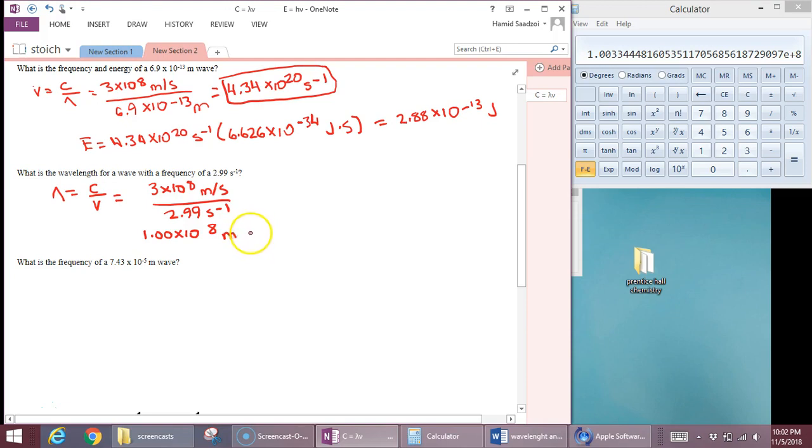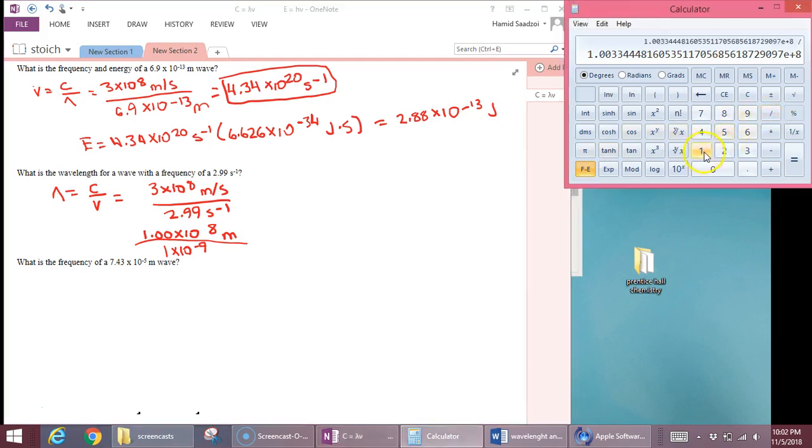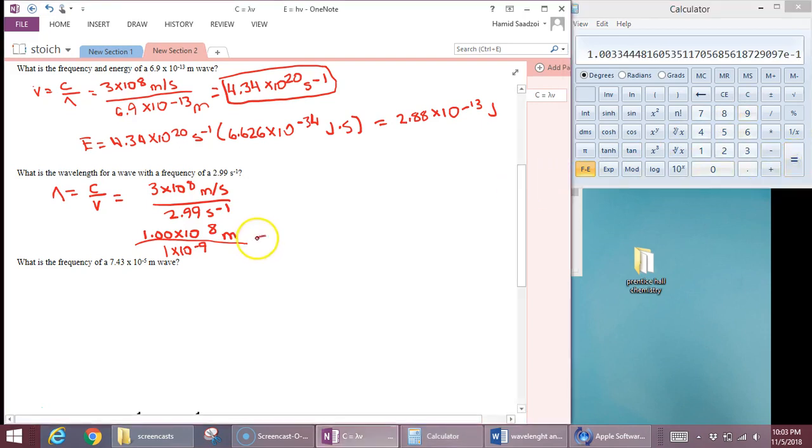But if you wanted to change this to nanometers, all you have to do is take this number and divide it by 1 times 10 to negative 9, because you're going the other way now. So let's just divide that by 1 exponent 9, and we end up getting 1.00 times 10 to negative 1 nanometers.